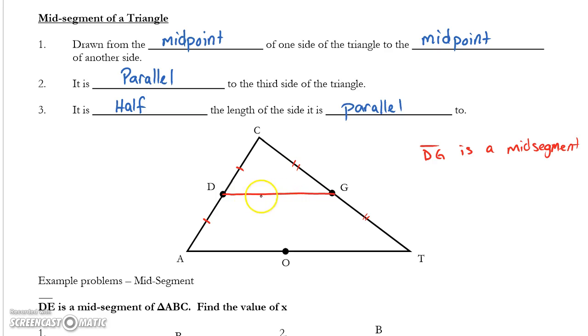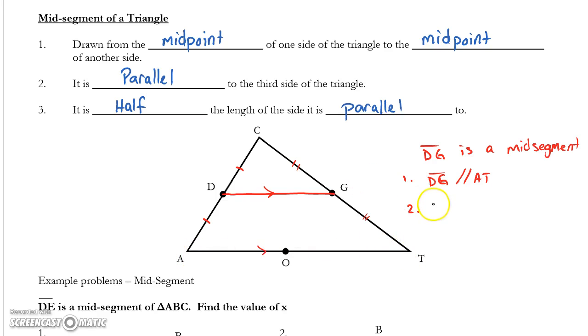Okay. I know, first, segment DG is parallel to segment AT, because it's parallel to the third side of my triangle. Second, I know that it is half the length of segment AT.